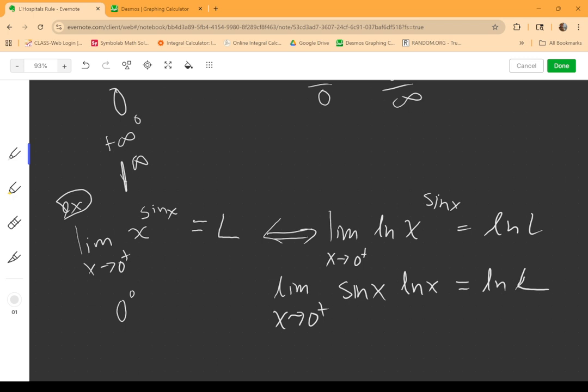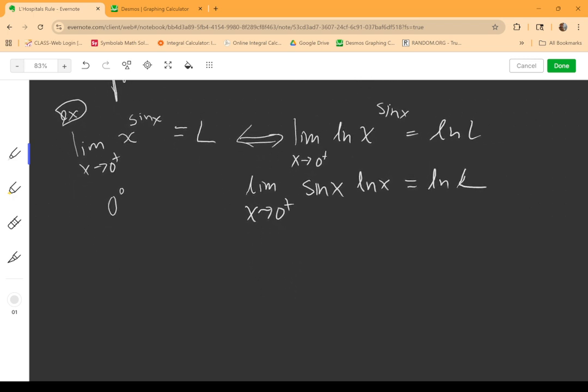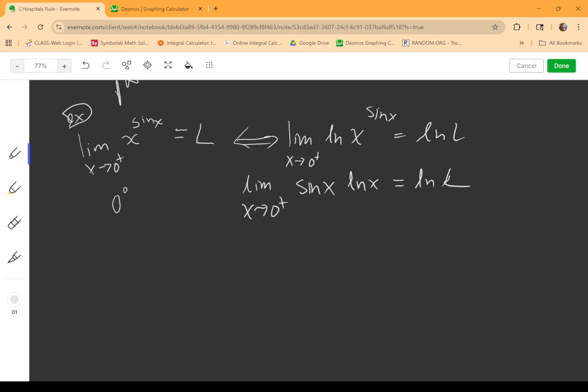Now if we look at the limit as x goes to 0, we've got 0 times infinity. But I've already seen in the previous video that I can work with this by manipulating it algebraically. So I'm going to write this as ln of x over 1 over sine x, but that's just the cosecant of x, and that is ln of L.